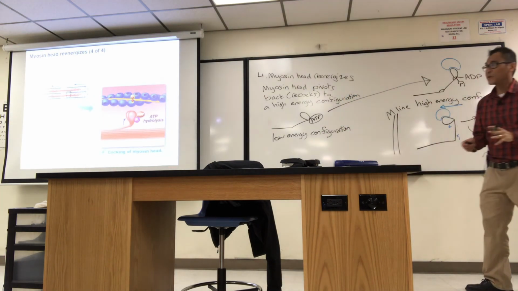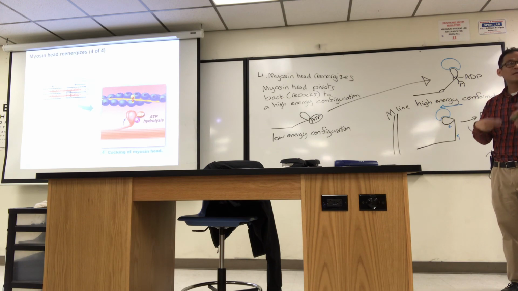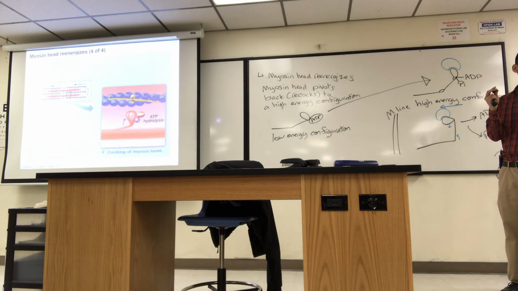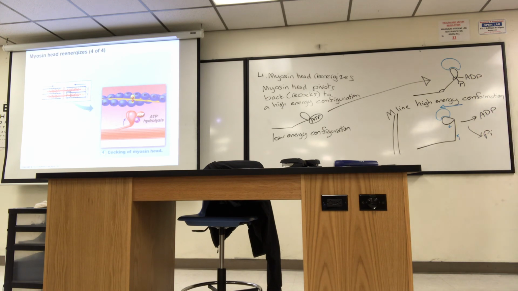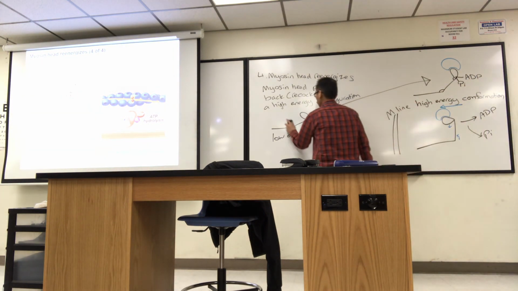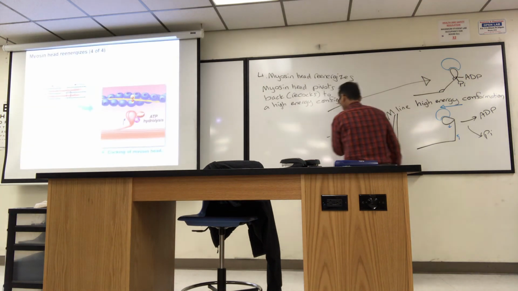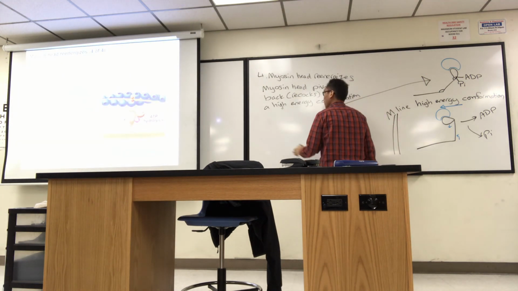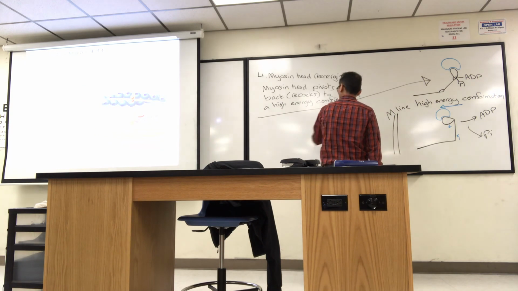As long as calcium is present, this will cycle again and again until you get the force you need from your muscle. If you're done, you needed ATP to, well, let me write this down here. I'm done talking about the cross-bridge cycling.